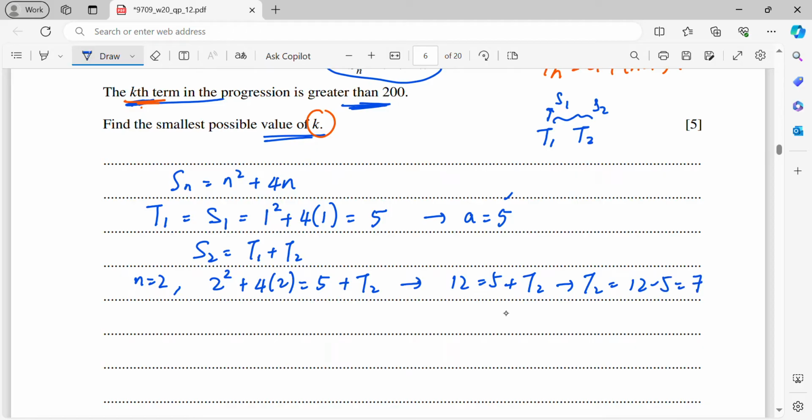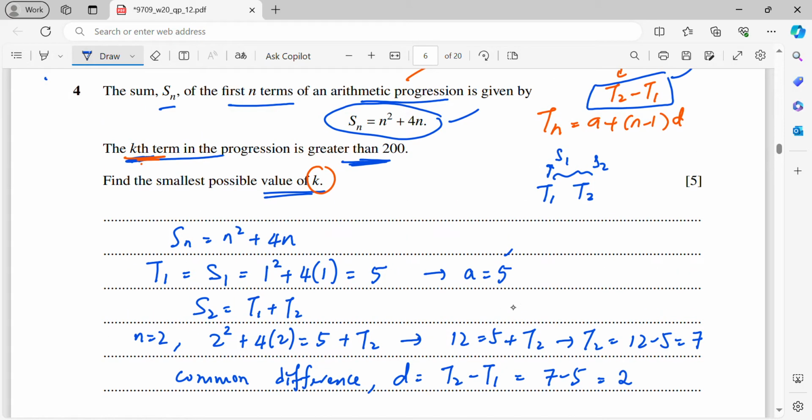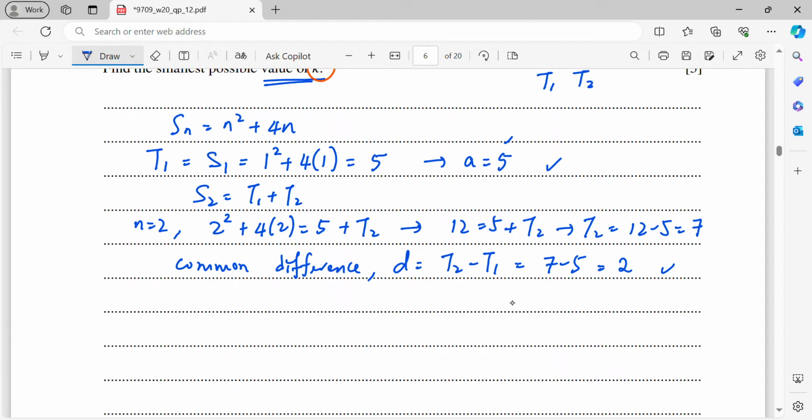So my common difference d will be T2 minus T1, that is 7 minus 5, which is 2. Now since I have found a and d, the question says the k term is greater than 200, so Tk is greater than 200.